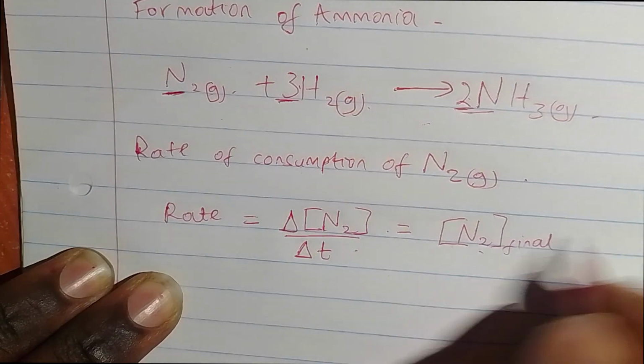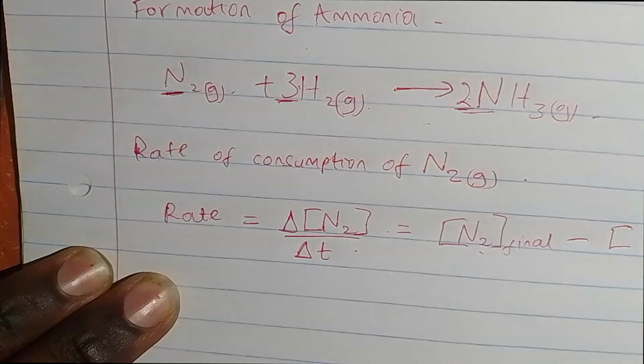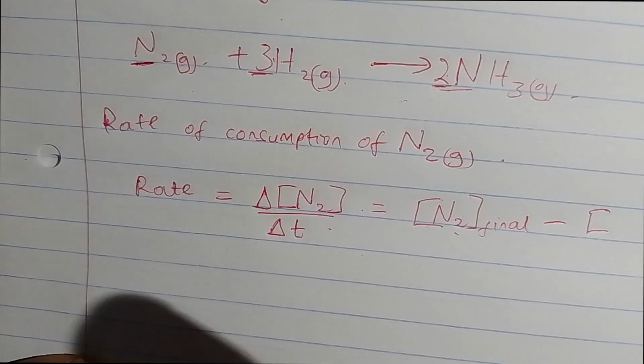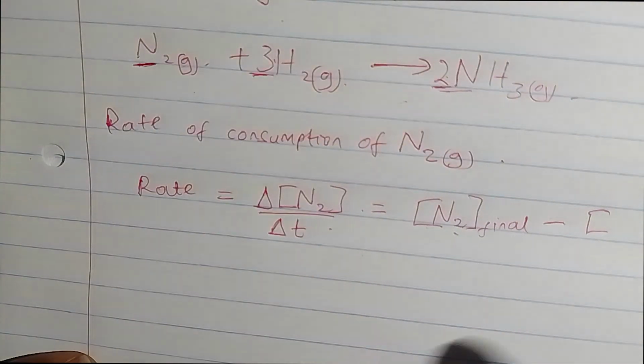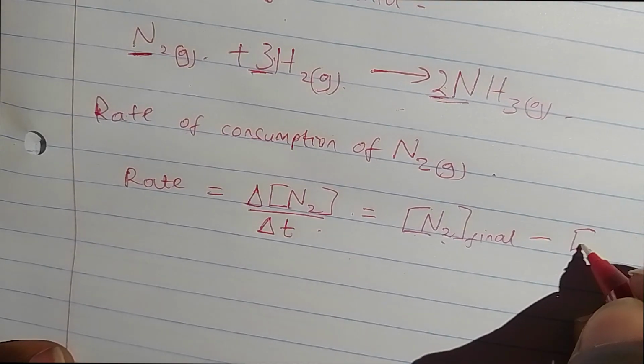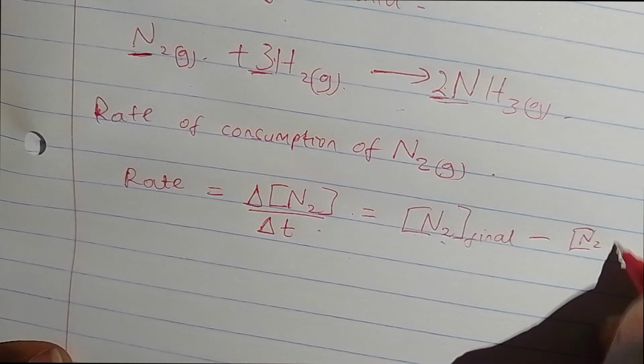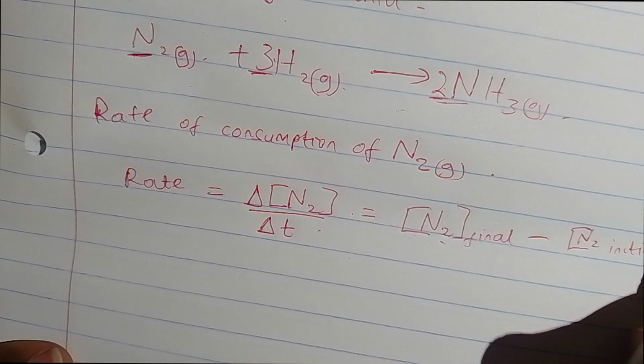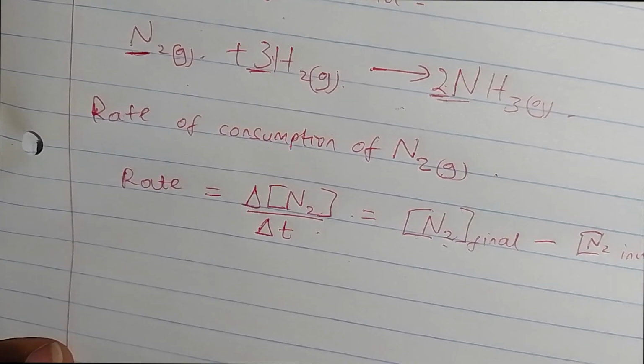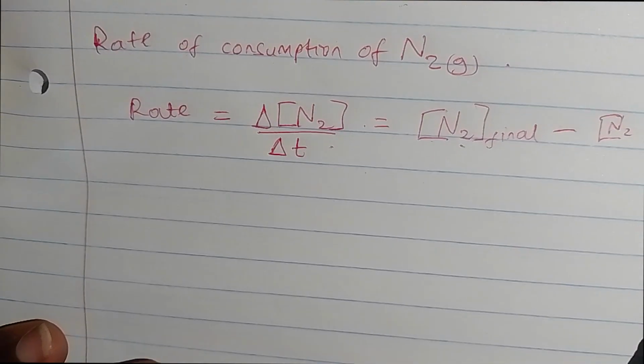Now, this is normally given by the final concentration of N2 minus the initial concentration of N2 gas.